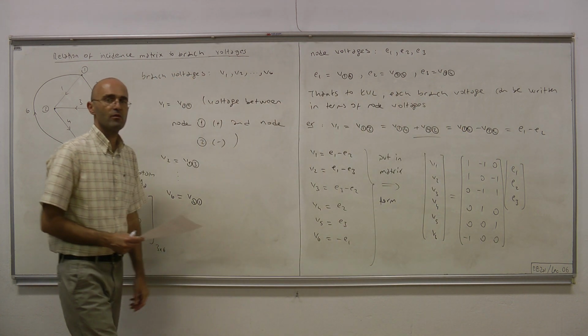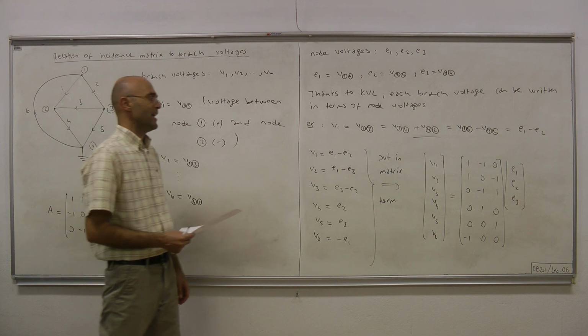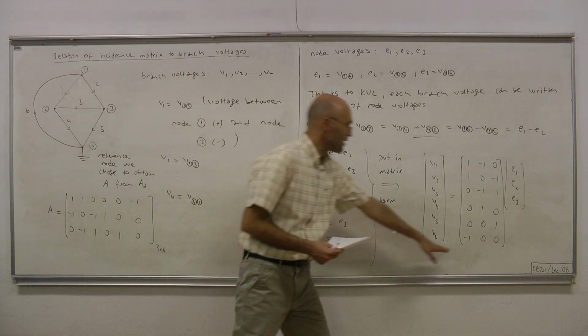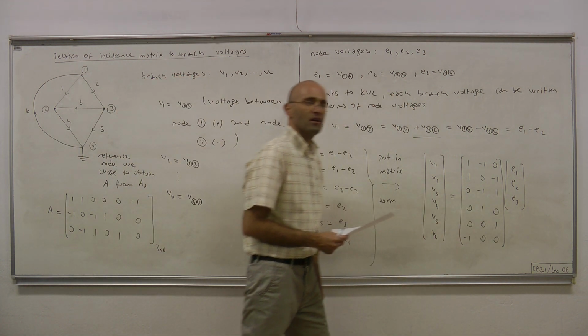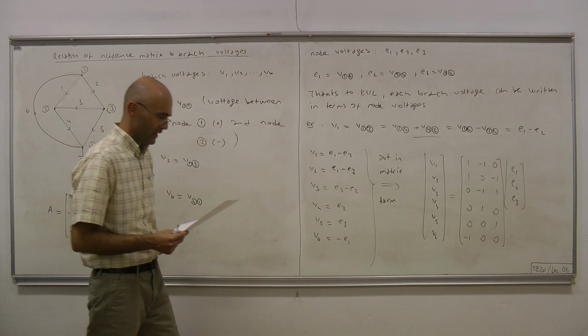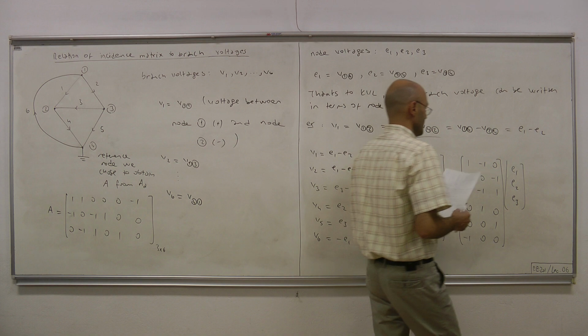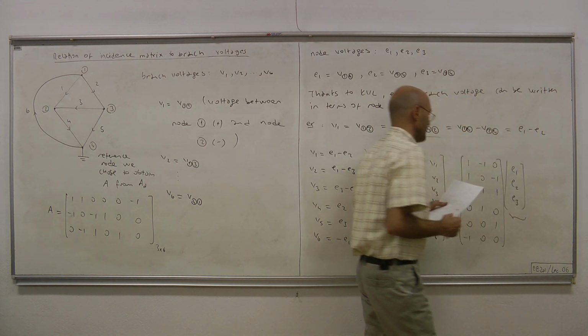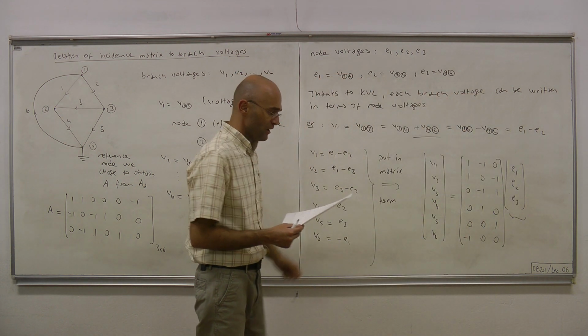Here we have a new matrix that relates node voltages to branch voltages. Now the question is, is it really new? Before that, let's label our new vectors.